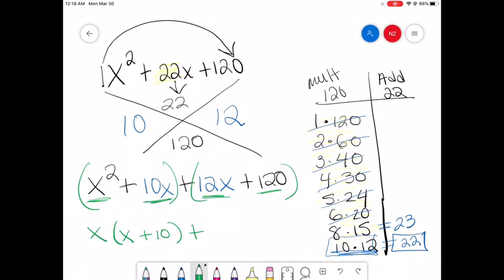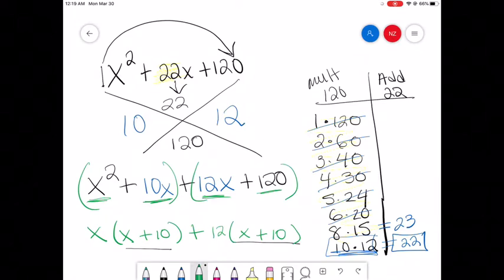Remember, you want the numbers in parentheses to match. So this x plus 10 should still be x plus 10 over here. So if I take out a 12, I'm left with on the inside x plus 10. So essentially, if I thought about x plus 10 and taking that out of 12x plus 120, then I get my greatest common factor.